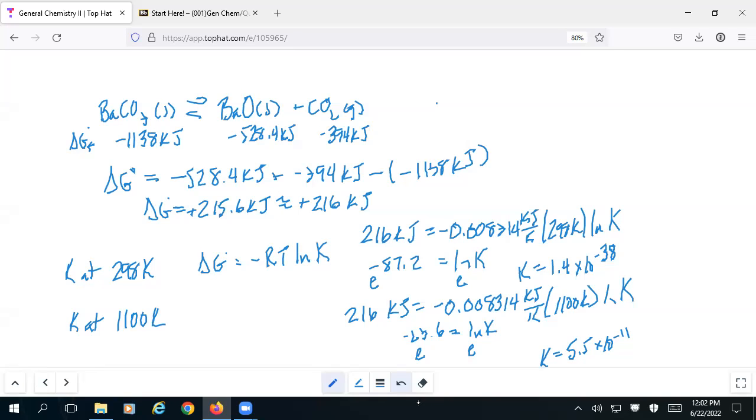So remember that these K values are actually pressures, so we're talking about 1.4 times 10 to the negative 38th atmospheres of carbon dioxide at room temperature, 5.5 times 10 to the negative 11th atmospheres at 1100 Kelvin.